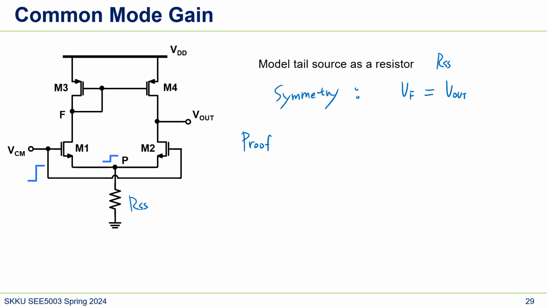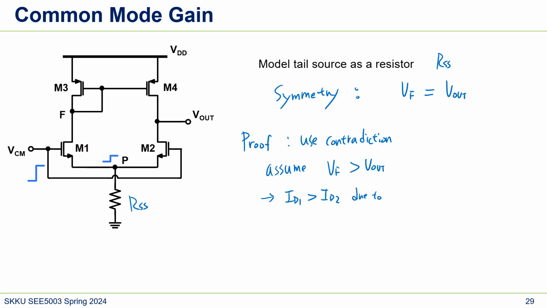So proof: we're going to use contradiction. So assume Vf is larger than V out. Due to channel length modulation, ID1 is larger than ID2, because of the larger VDS.